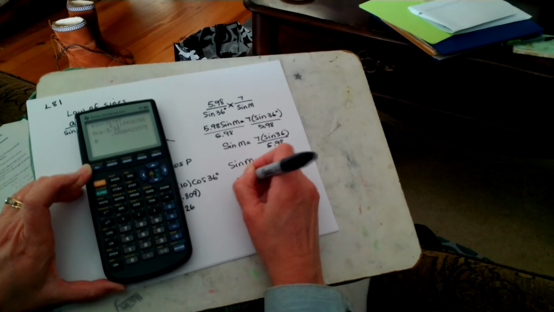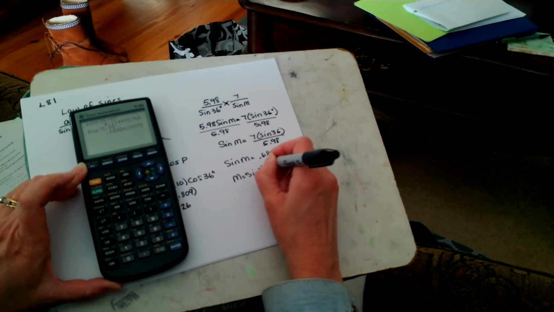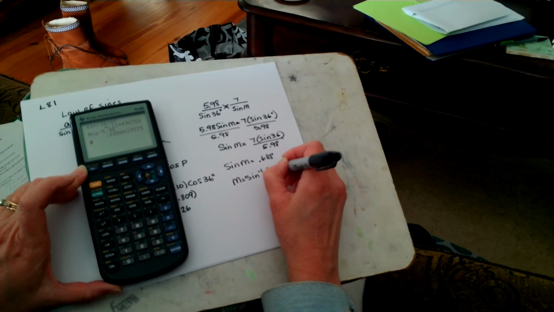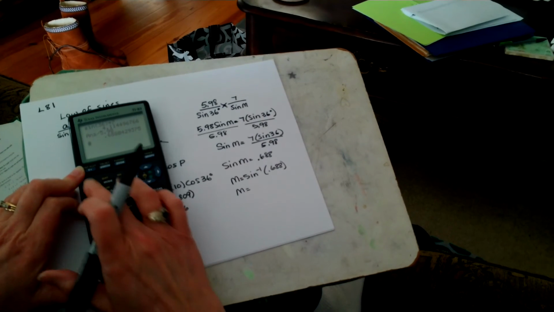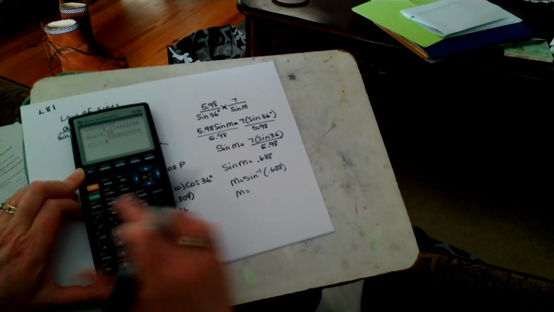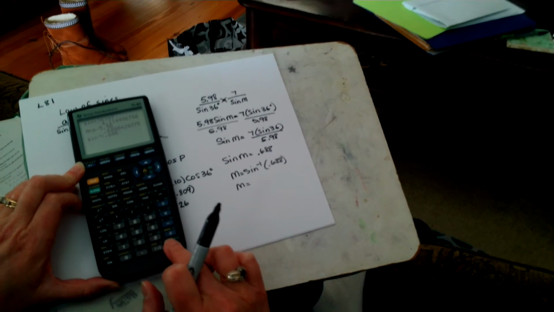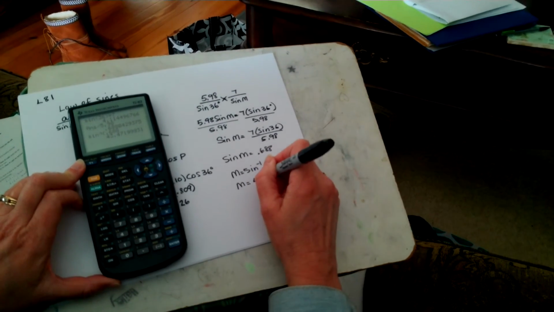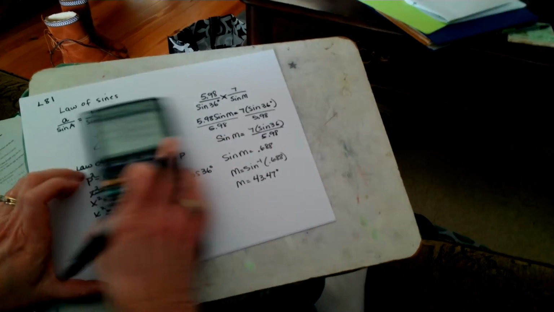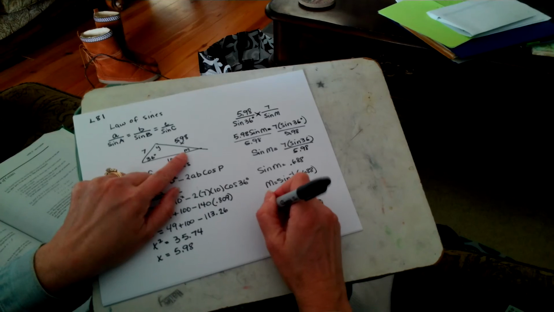So that means m is the inverse sine of 0.688. So m is 43.47 degrees. So I now have a second angle here.